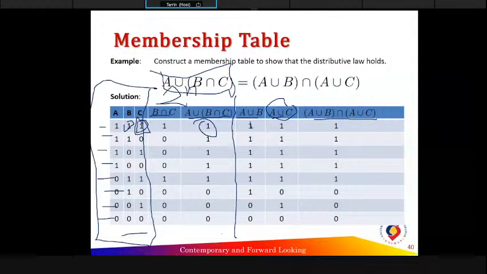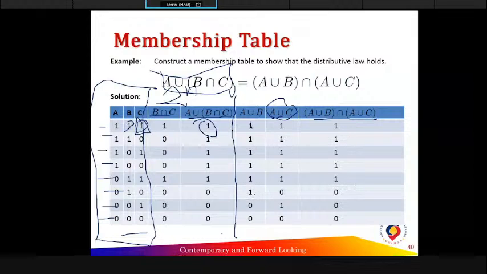A union B, A union C, we have done these two, so then you only look at your intersection operation for this one here. So if the element X is present in this one and in this one, therefore in the intersection the element X is also present, right? Likewise for this case, 1 and 1 is present, right?